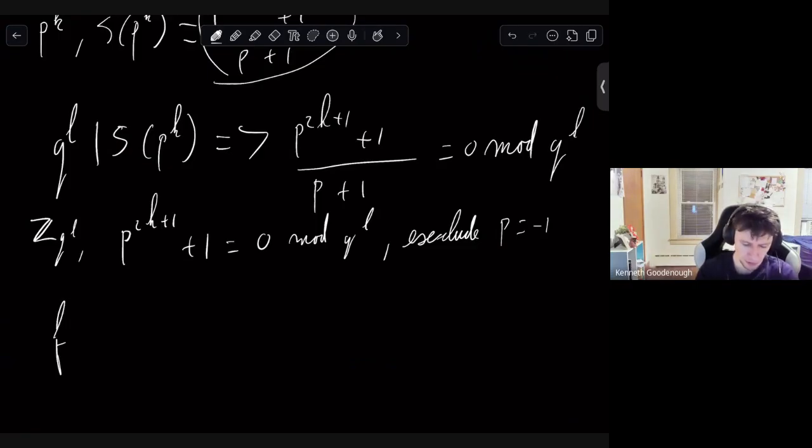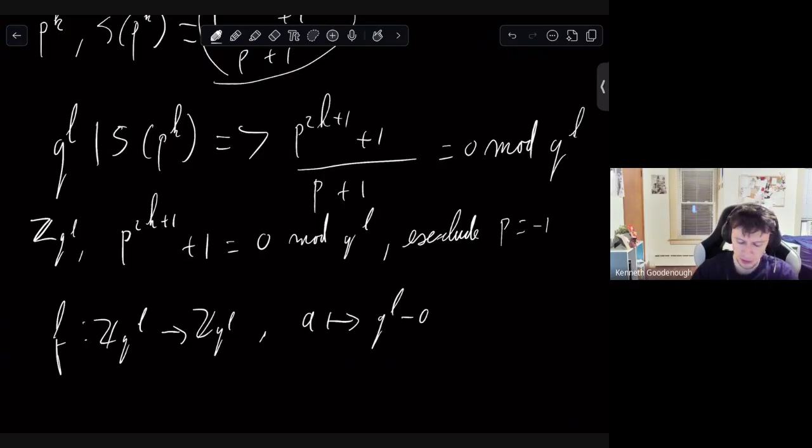F, which just takes me from Z_{q^L} to Z_{q^L} again. And what it does is the following. It takes some element a and maps it to q^L minus a.